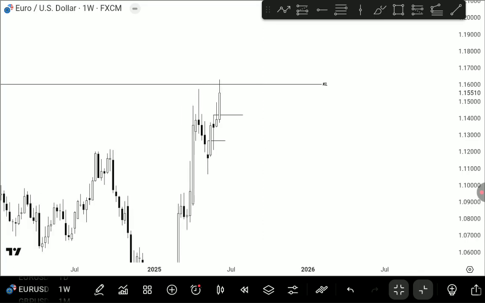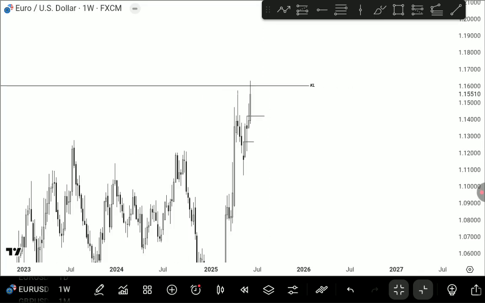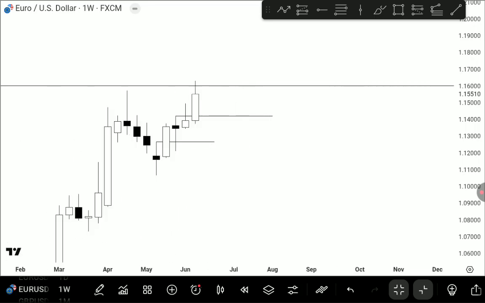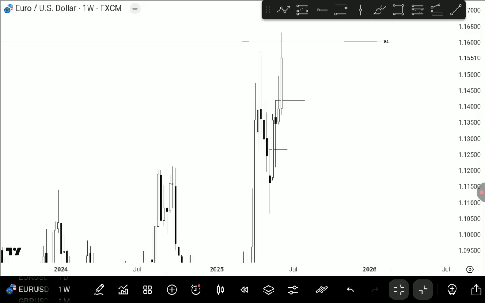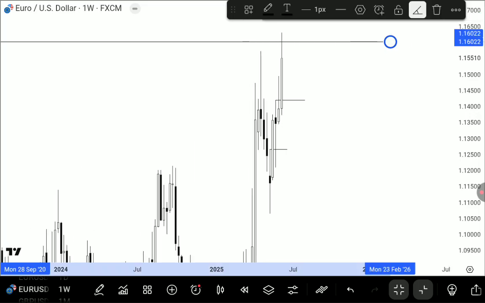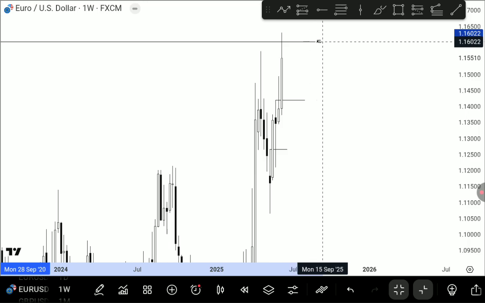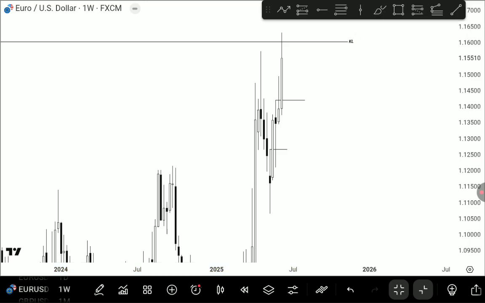And this is when I actually have the framework as well to start looking at my key levels or picking up my key levels. And at this point, you can see that price has reached this higher time frame key level, right? Which was a major draw of liquidity, right?